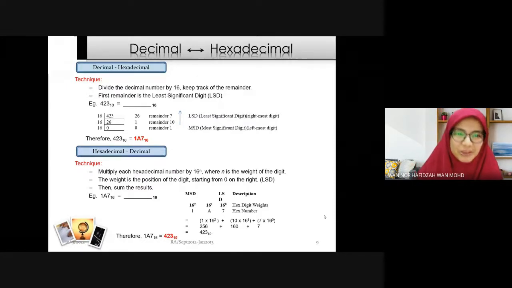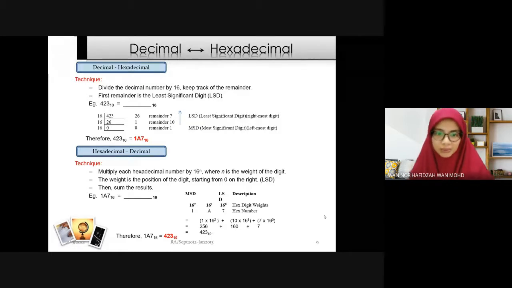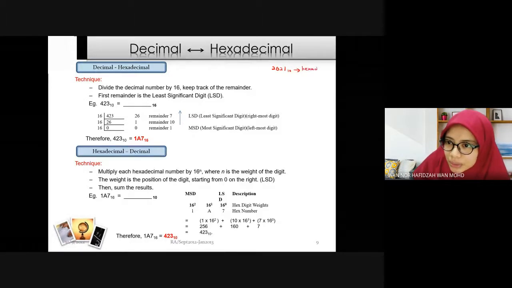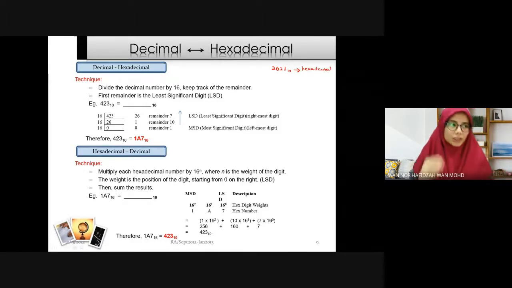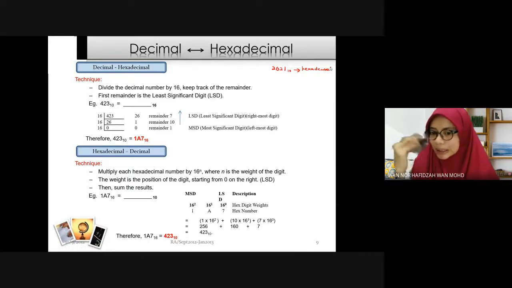Now decimal to hexadecimal. Divide the decimal number by 16 and keep track of the remainders. The first remainder is the least significant digit. We have 2021 base 10 to hexadecimal. To answer your friend's question just now: if I forget the base, is it wrong? Madam said marks will be deducted.